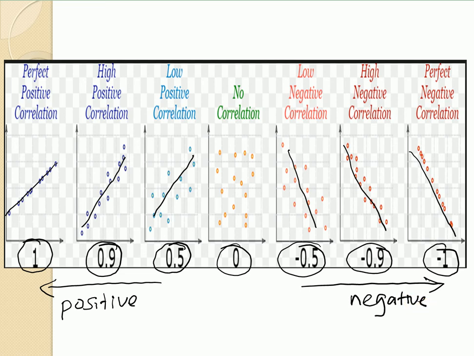And as the values become more dispersed, that is, they move in this direction now, the correlation coefficient gets closer to 0.